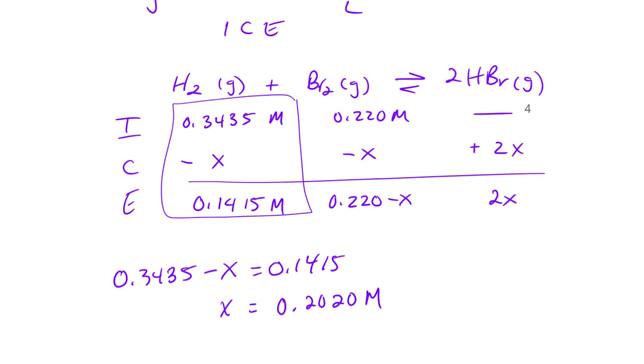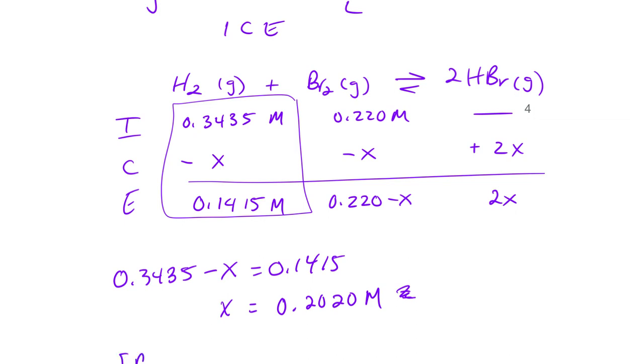Everyone see that? So we were given that equilibrium concentration. We know that we started with 0.3435. We lost some amount x. We're able to find whatever x is because we know how much we have left over. And that is just x.